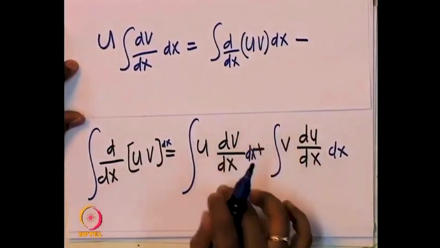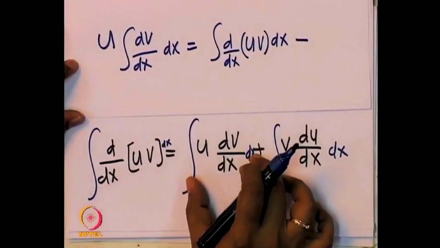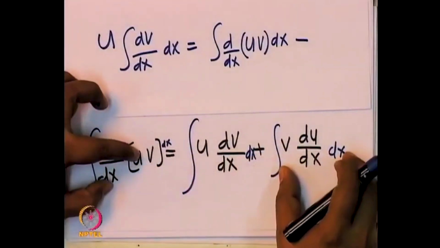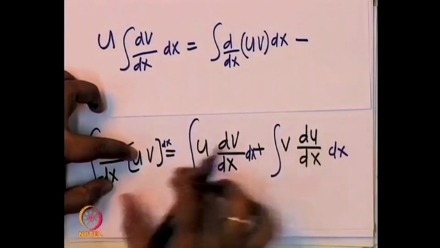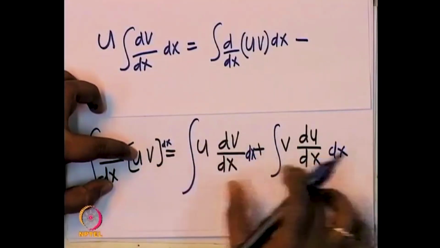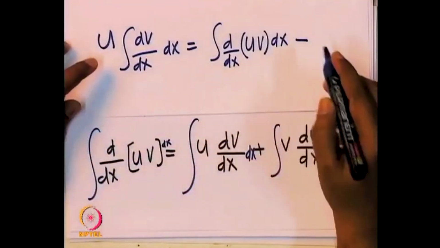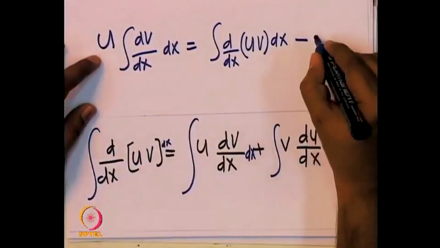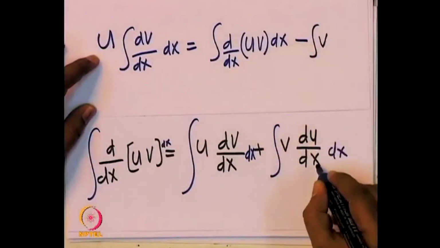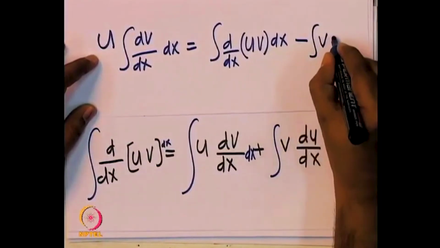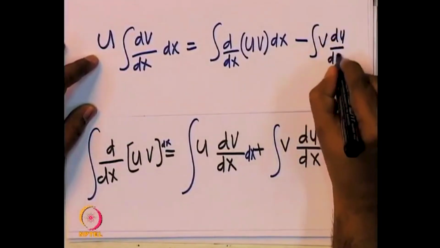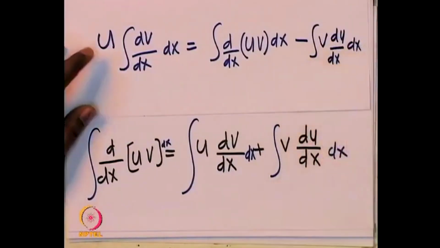So, I just rearrange: this is equal to this minus this, which is the integral of v du by dx, dx.